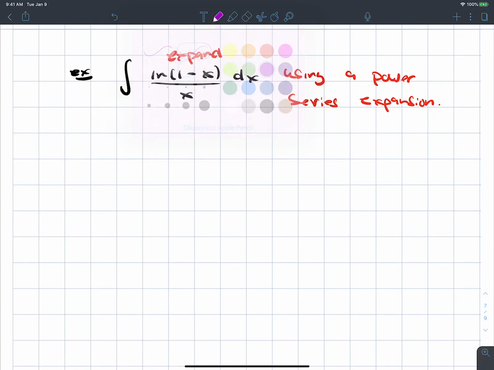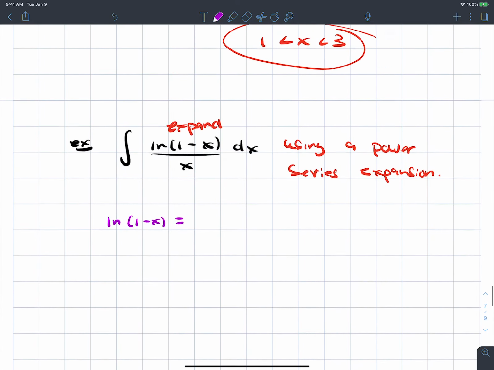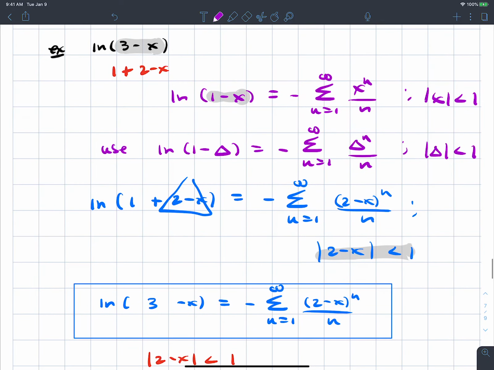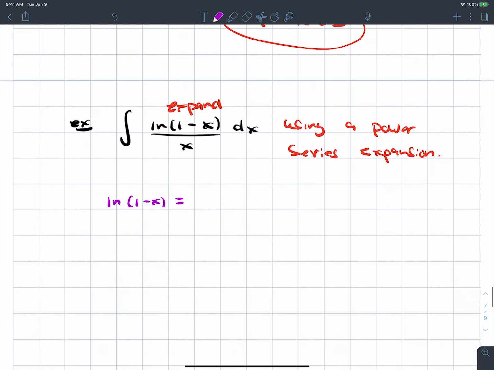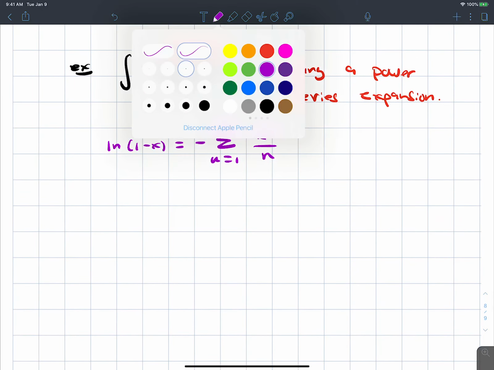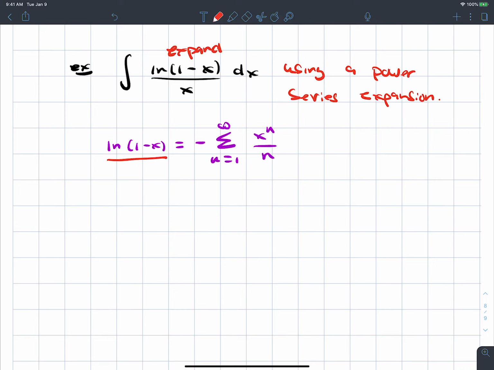So we're going to use the following, right? If we know the natural log of 1 minus x from the last example is this summation over here, we have that negative sign. We start with n is 1 to infinity, x to the n over n. And so what this means is, under my integral sign, I divide by this x.